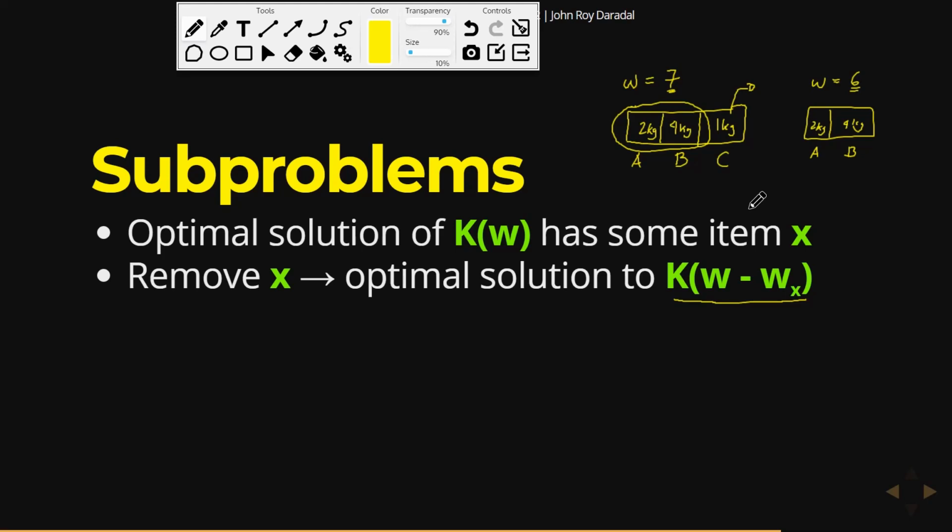Does that make sense? If you remove X, you get the optimal solution of weight minus the weight of X. So 7 minus the weight of C, which is 1, gives the optimal solution for 6. Now, if we had removed B this time, it would give us the optimal solution for W equal to 3. That would be A and C, 2 kilos plus 1 kilo.